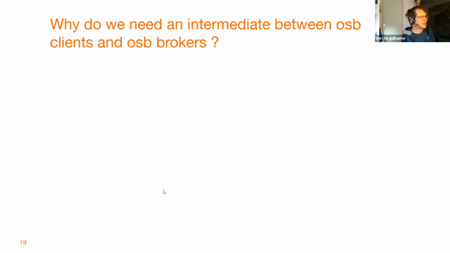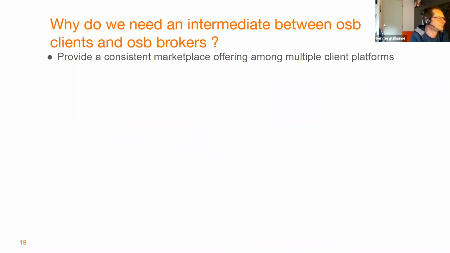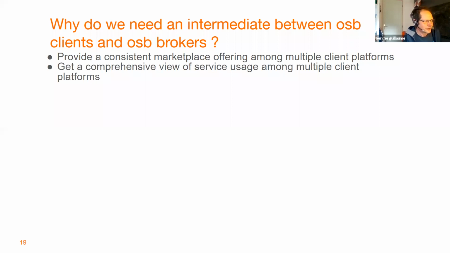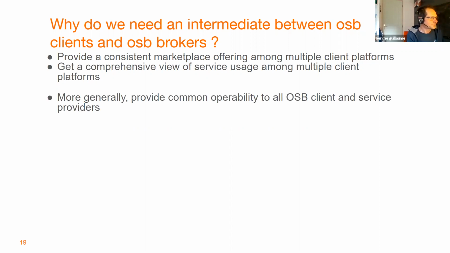So in this next slide, why do we need an inventory? When we add a new service broker, we want it to be consumable from all client platforms. So we need a consistent marketplace among those different platforms. And from a service provider point of view, we also want a consistent and comprehensive view of consumption by all the client platforms.